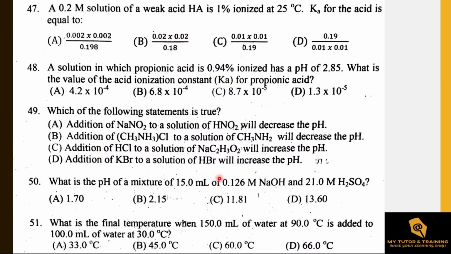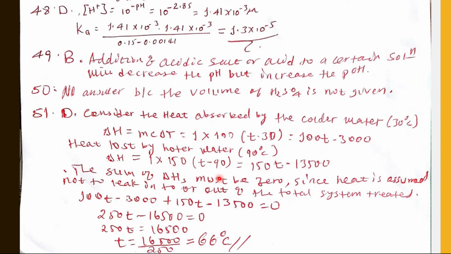And the correct answer for question number 47 is A. 0.002 times 0.002 over 0.198 is the correct answer. Let's come to question number 48. A solution in which propanoic acid is 0.94% ionized has a pH of 2.85. What is the value of the acid dissociation constant? Let's see question number 48.